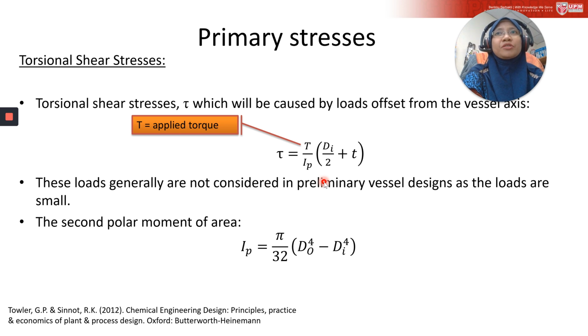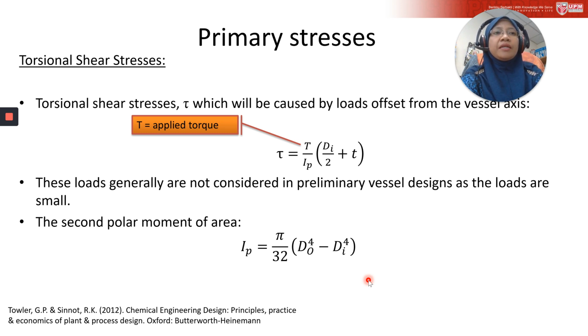You need to take note of this. The expression is given by this, and you can use it to calculate torsional shear stresses. There is also the second polar moment of area, which is represented by this equation.